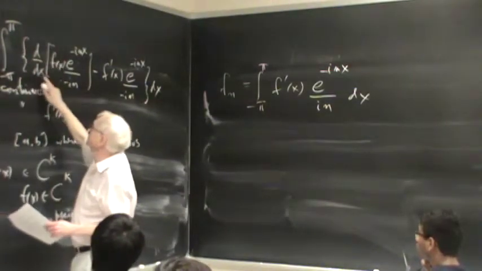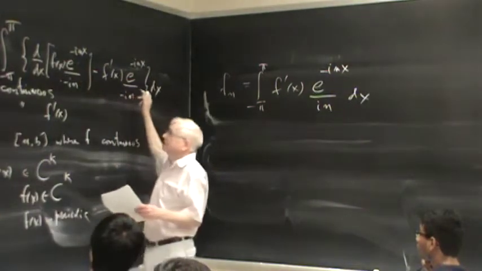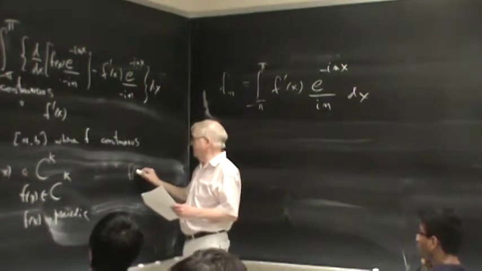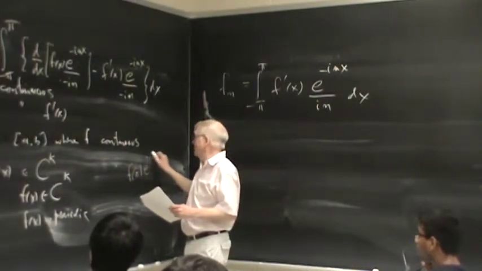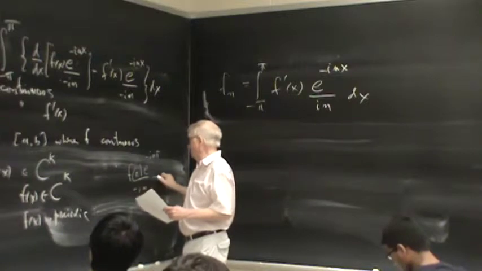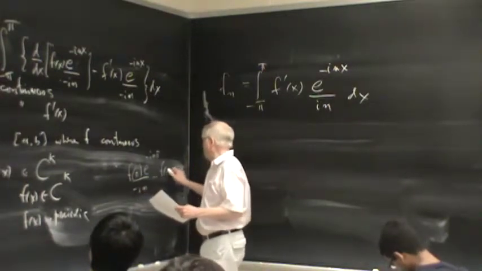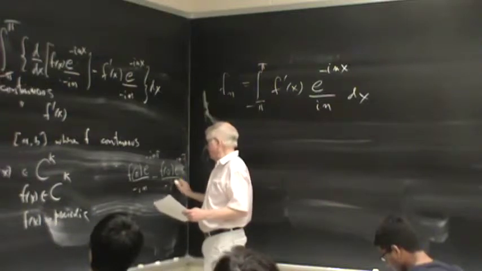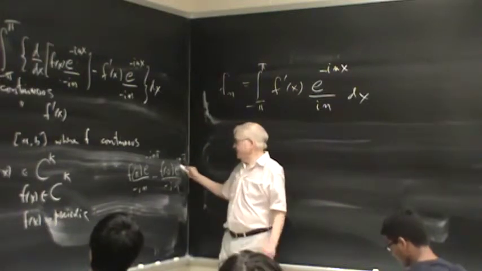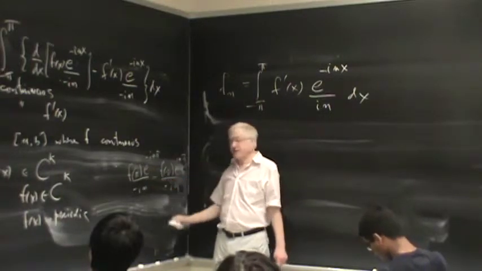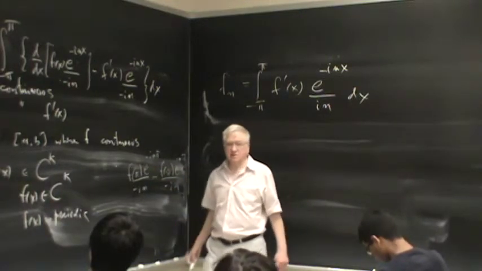The integral of the derivative of something is f of pi e to the minus i n pi over minus i n, minus f of minus pi e to the i n pi over minus i n. These two things are equal, and f is periodic, so it gets 0.